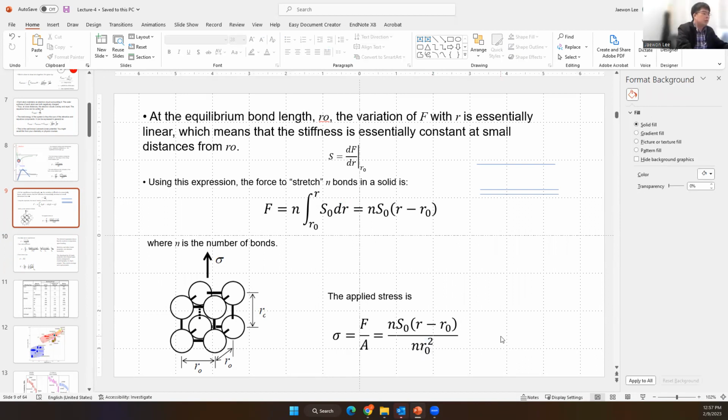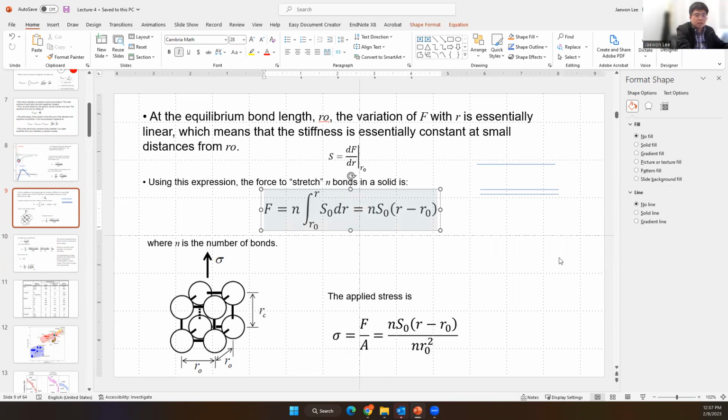That's a good question. In this derived equation, the definition of N is in fact the number of bonds, but when we derive these relations, we just assume N is a crystal lattice.